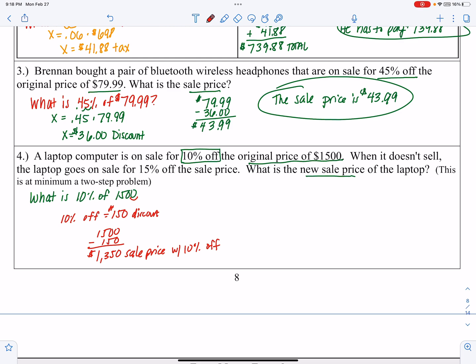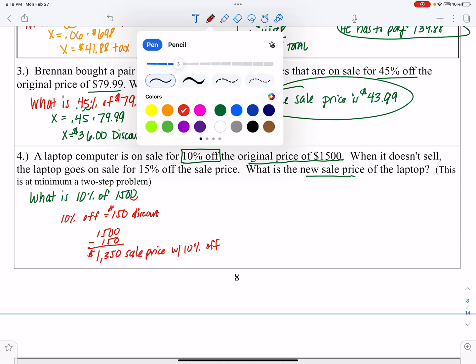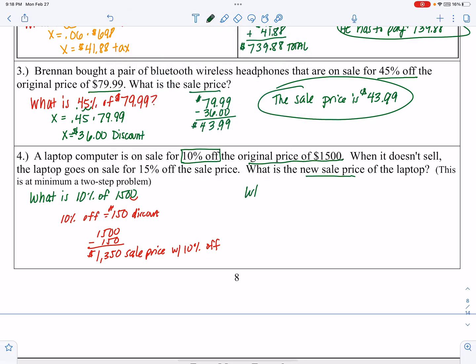And now we're going to go ahead and do 15% off of that. So we have a new question, and that is, what is 15% of our new price, which is $1,350? Okay. Again, I can do mental math if I want. I know 10%. Okay.